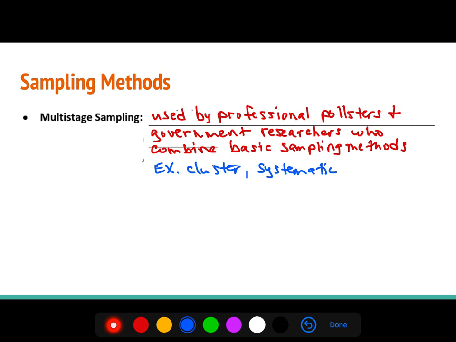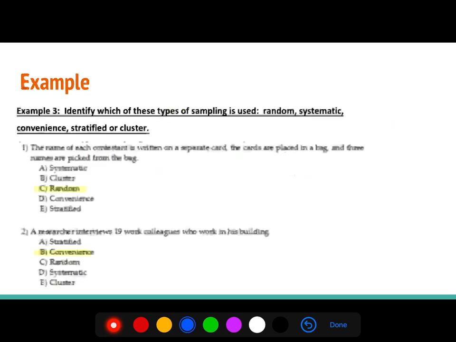So maybe they use cluster or systematic. All right, so let's review some of these sampling methods on the next slides.